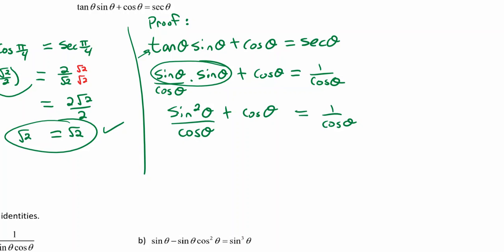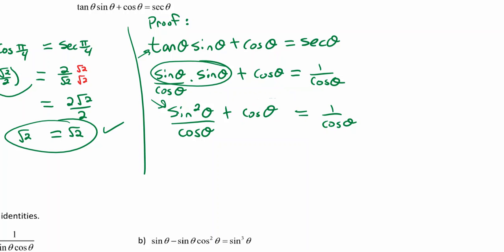Because I've done this a few times, I'm seeing a little bit of potential happening here, where I've got sine squared theta and I've got a cos theta. That might turn into 1, right? I'm kind of hopeful that I can turn that thing into 1.